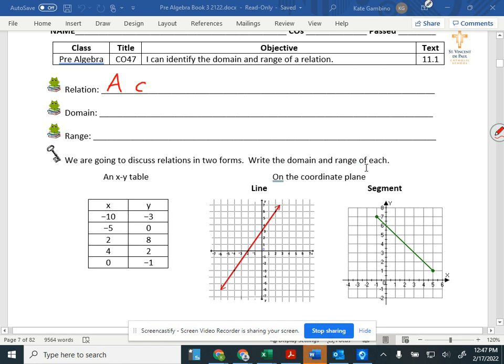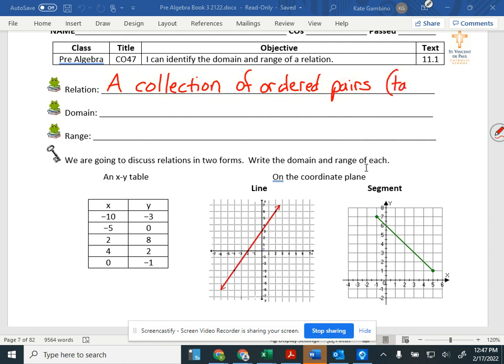A relation is a collection of ordered pairs, which would be a table or graph. So it's that collection of ordered pairs, organized either in a table or on a graph.